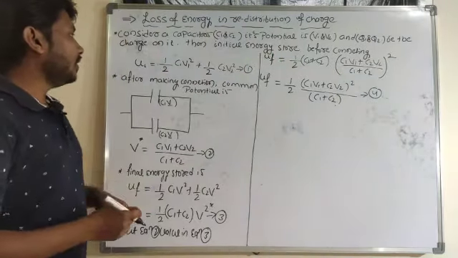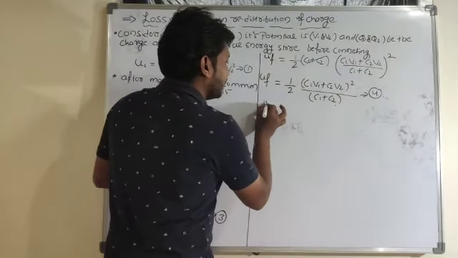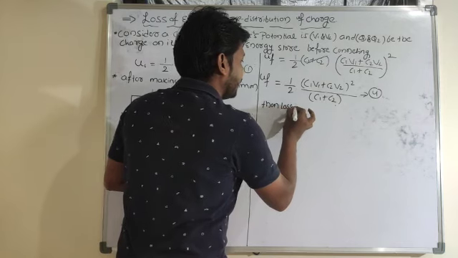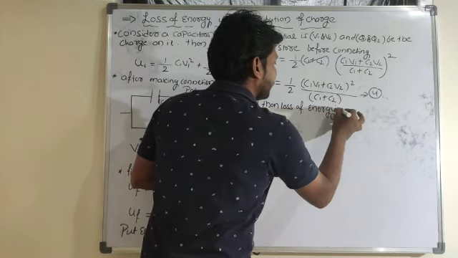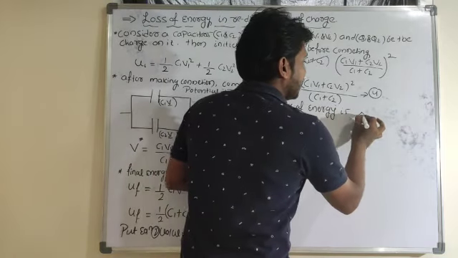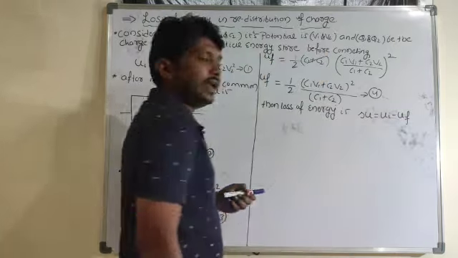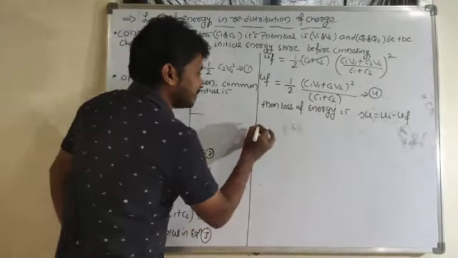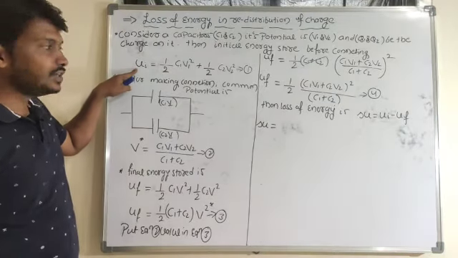Now I want to find the loss of energy. How to find the loss of energy here? Loss of energy is delta U, equal to initial energy minus final energy. So let me subtract the initial and final energy values. What is the initial energy here?